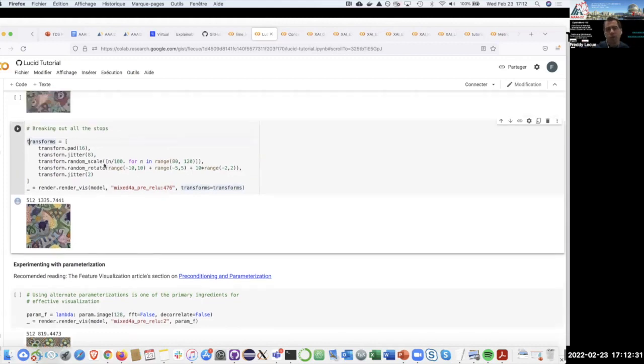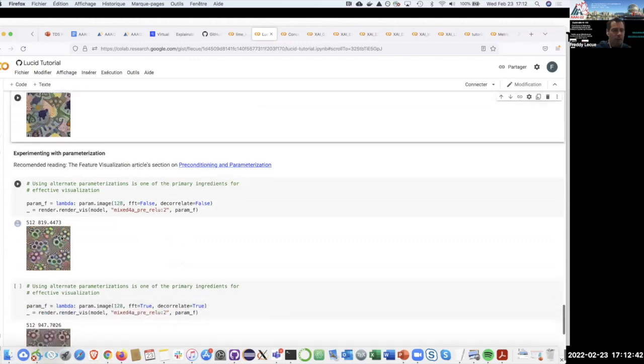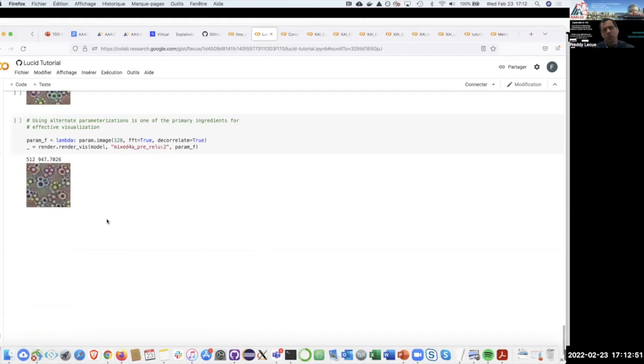Usually you get on average pretty good visualization, but some are more convincing than others. Here you see this one is capturing nicely a bubble-like shape, and then they use different parameters. So yeah, just here to give you an idea.